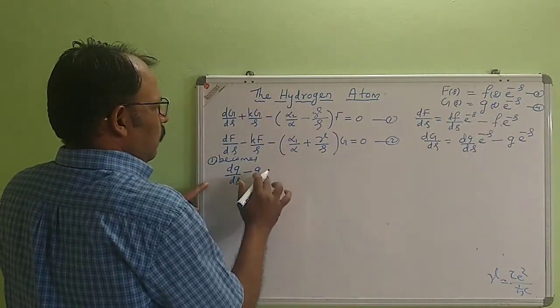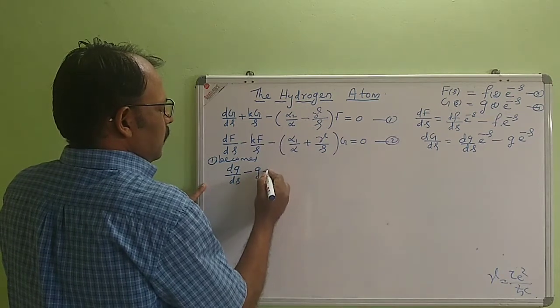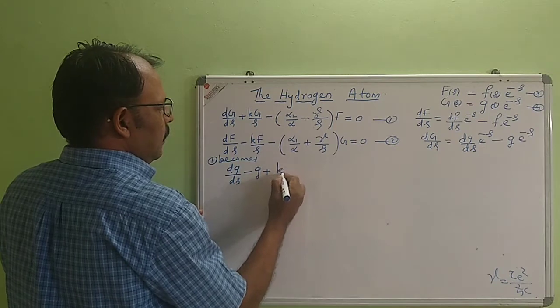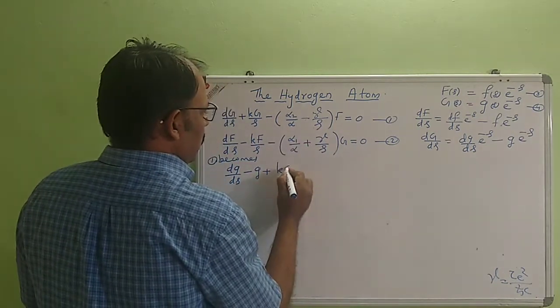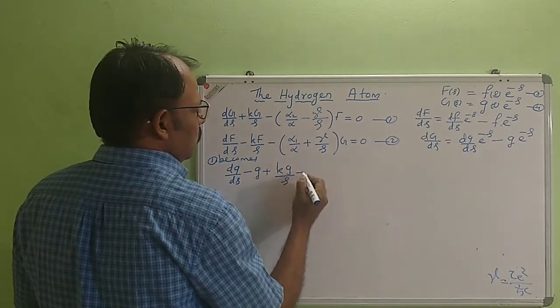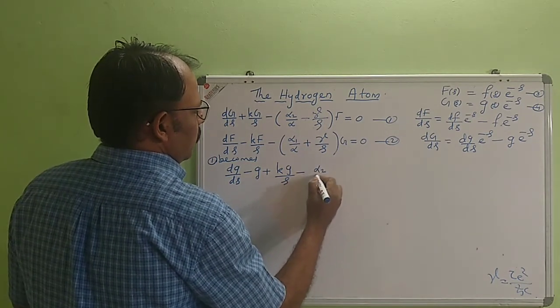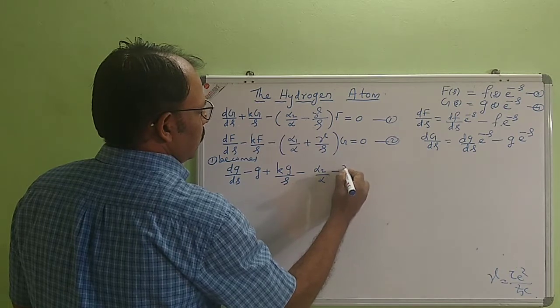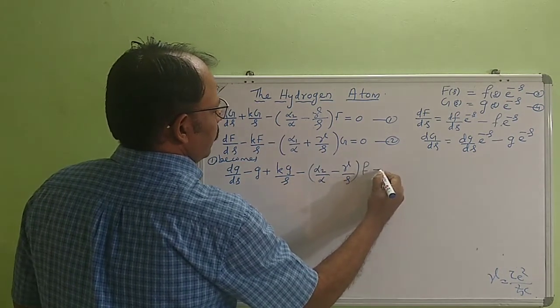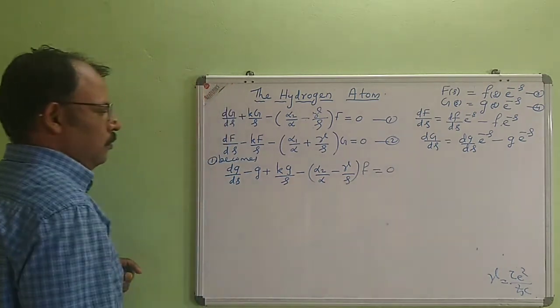So dg by d rho minus g, then plus k g by rho, where g is small g, minus alpha 2 by alpha minus gamma by rho f is equal to 0.